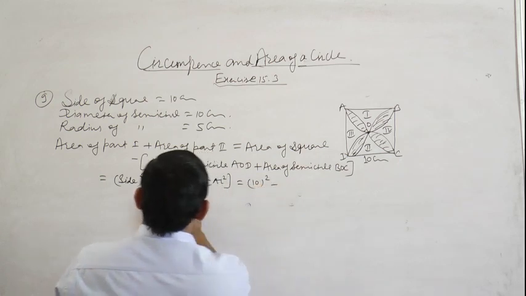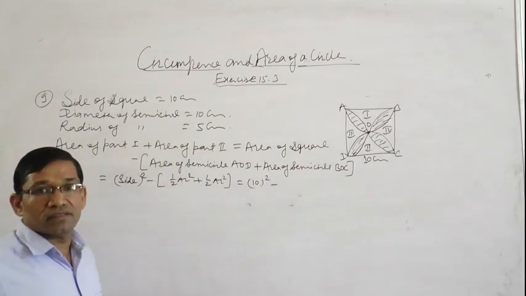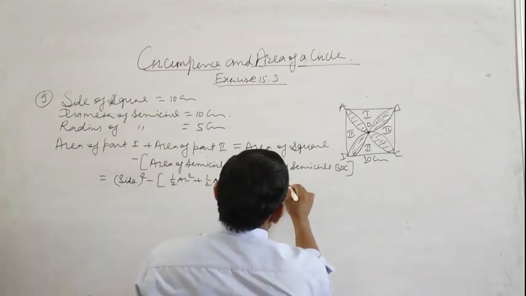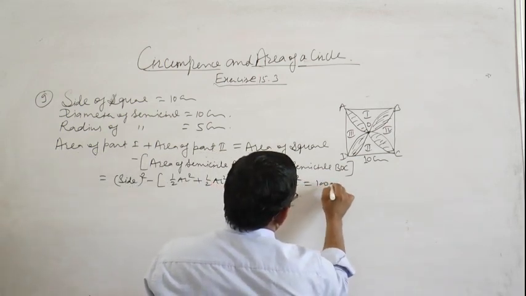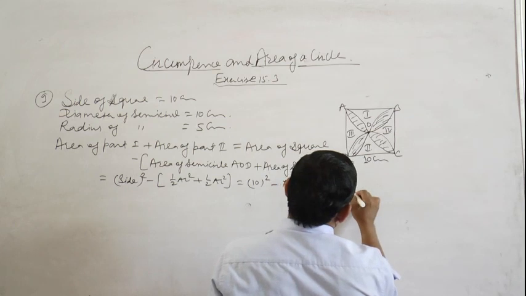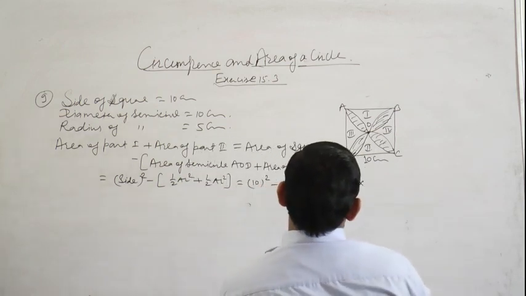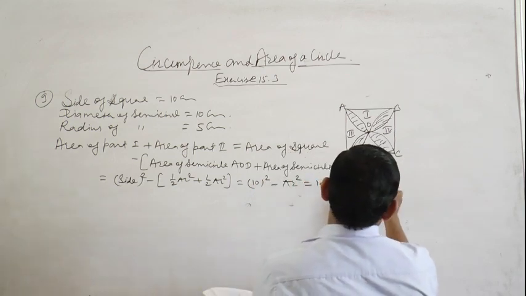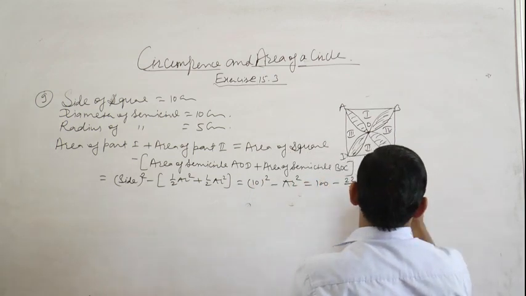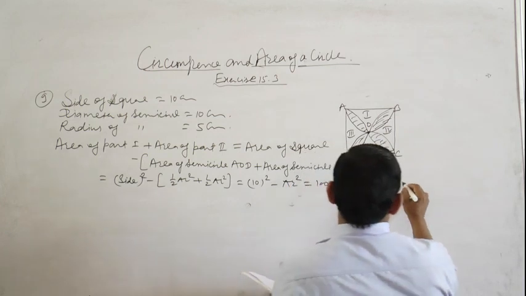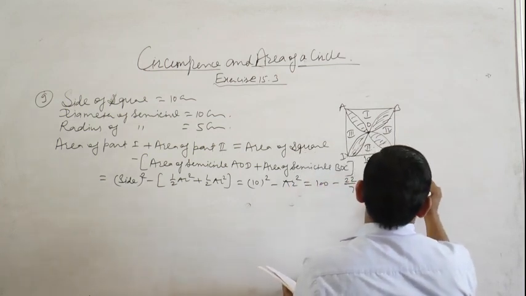10 square minus half pi r square plus half pi r square, it means pi r square. That is 100 minus 22 upon 7 multiply r square, radius is 5 centimeter.